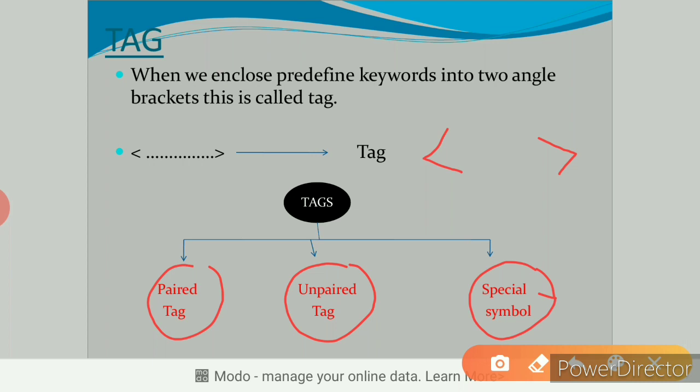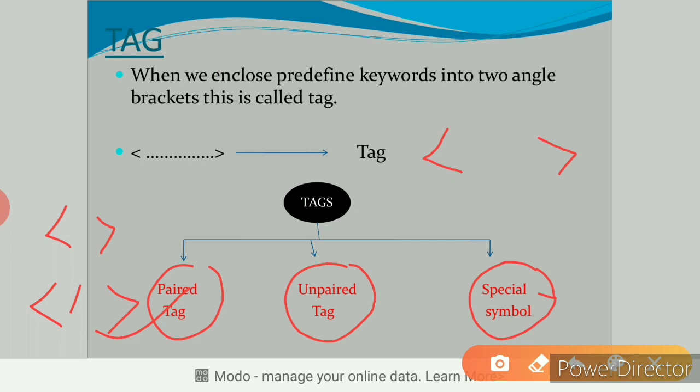What is a paired tag? A paired tag comes in a pair, that means it has an opening tag and a closing tag. What is an unpaired tag?